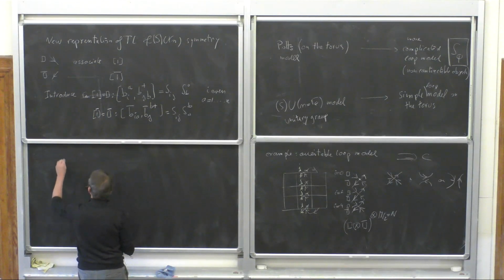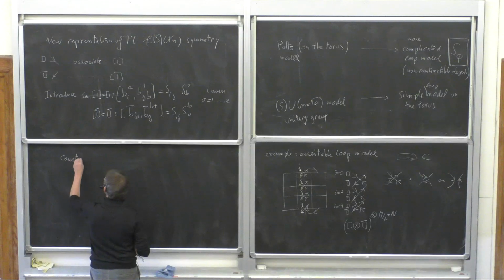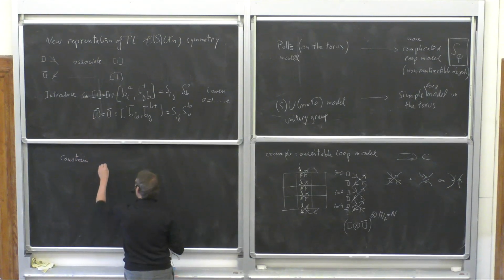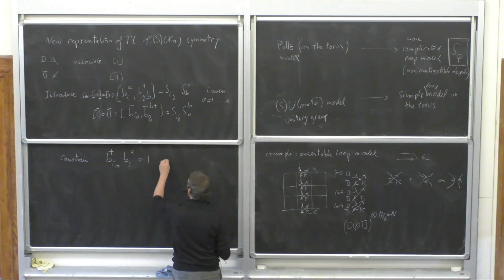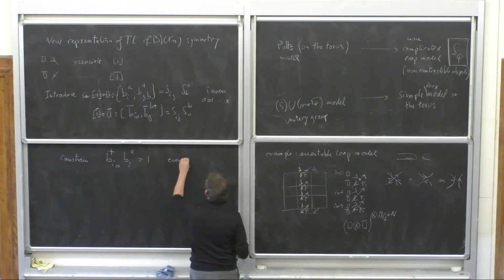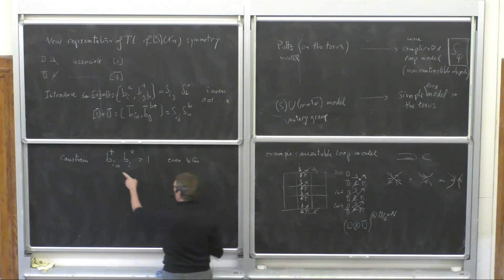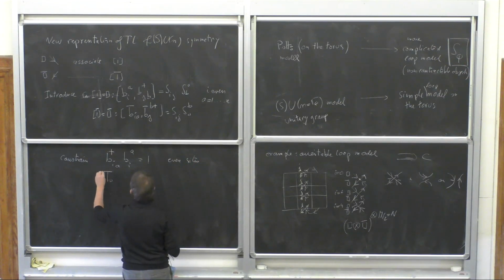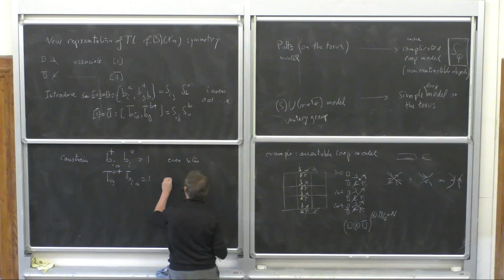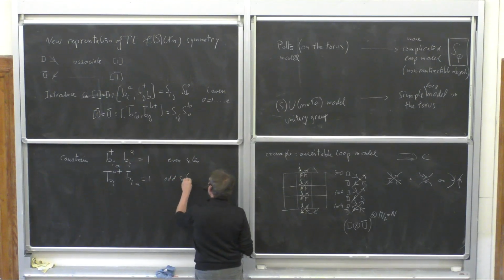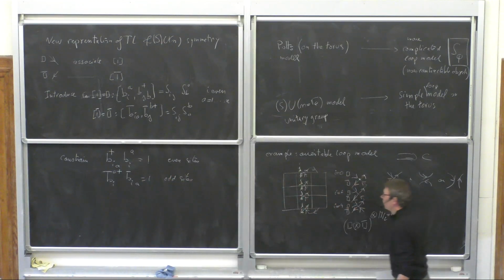So I'm going to constrain, or reduce the Hilbert space if you want, so that b dagger ia bia equals 1 on even sides, sum over a implied, and b bar I a dagger b I a bar equals 1 on odd sides, right? In other words, I'm restricting myself.